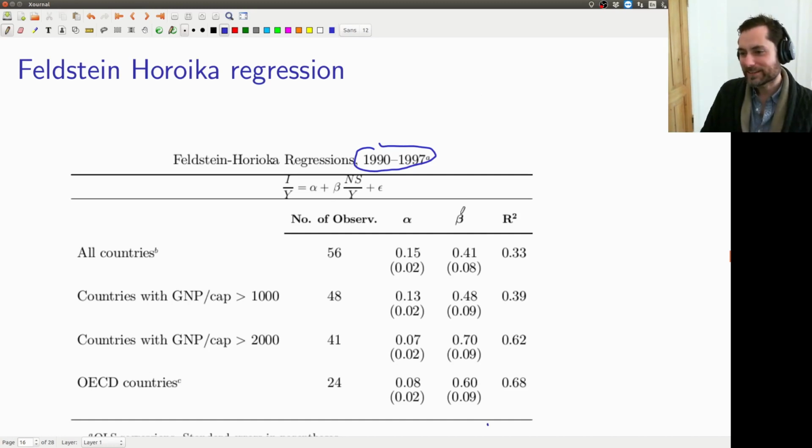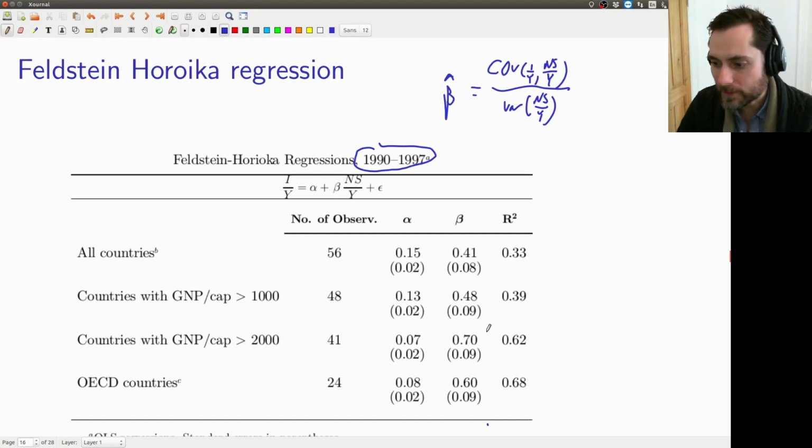It's essentially the covariance of I divided by y and NS divided by y, normalized by the variance of NS divided by y. It's almost what that beta is. But anyway, you can see that it's related to this covariance. So there is quite a bit of covariance here in these two measures.